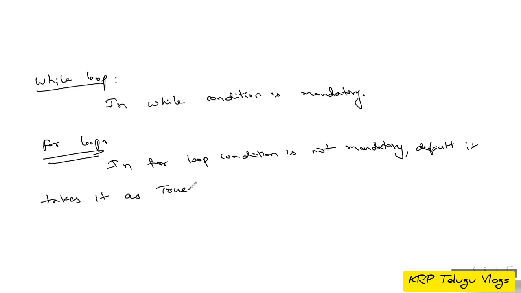Can I erase? Okay. So how can we write code to print the numbers from 1 to 10 using while loop and for loop? In while loop: void main, int i is equal to 0.